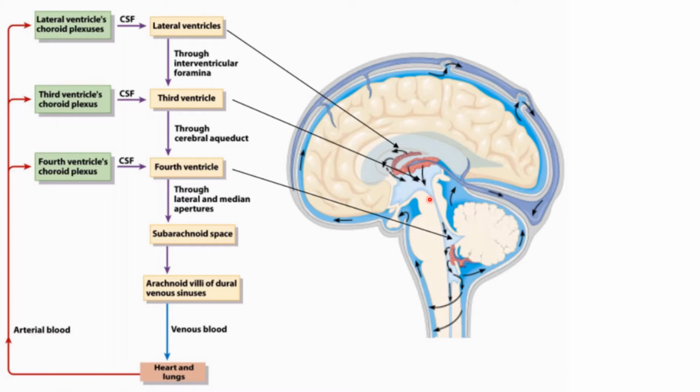Of the 75 cc's of intracranial CSF, almost 30 to 35 cc's are present in the ventricular system: the lateral ventricles, the third and the fourth, and the foramina.